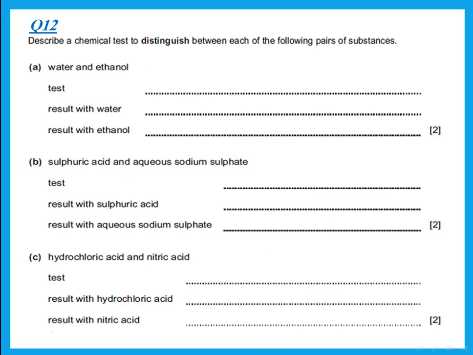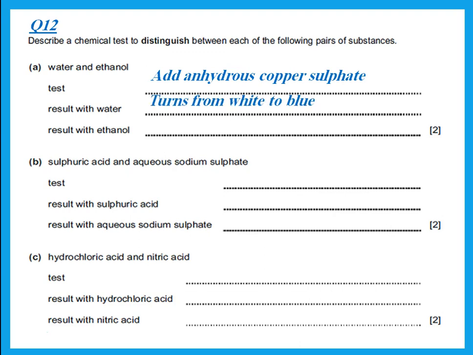So if I'm trying to distinguish between water and ethanol, in this case, I can either do the test for water or do the test for ethanol. So if I add anhydrous copper sulfate, this is test for which one? This is test for water. Remember, when I add anhydrous copper sulfate, if it is water, it turns from white to blue. But of course, with ethanol, there will be no effect.